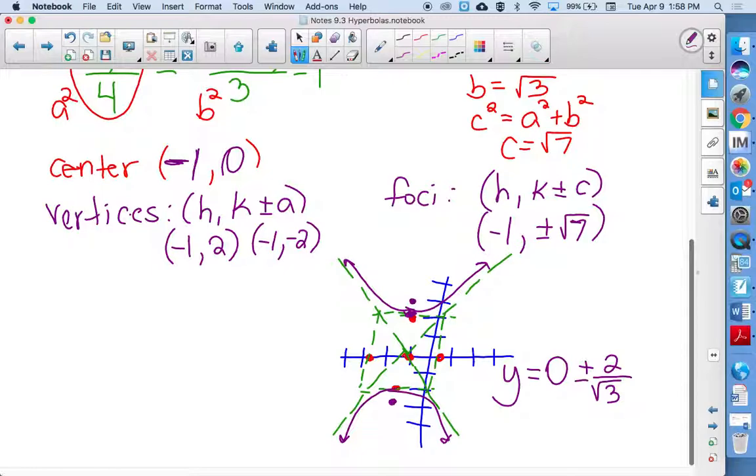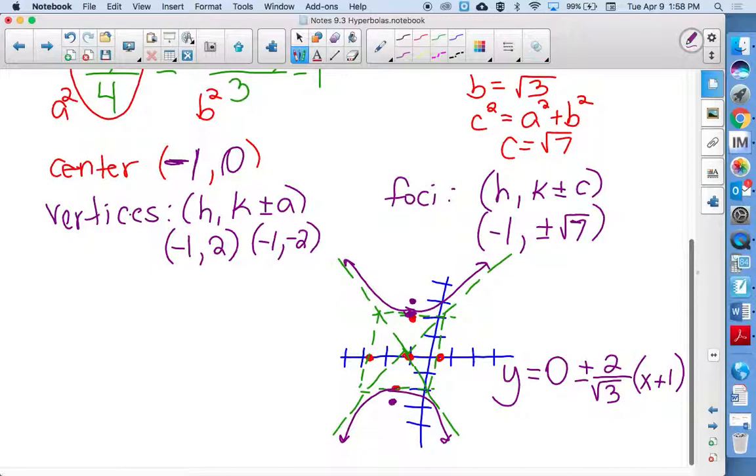It's probably the first time I said that all year. Don't rationalize. And then x is moving right, I'm sorry, left 1, so it's x plus 1. So instead of the origin, I'm using that center point in the equation. You don't need the 0 there, I just put it there and see that it usually has the same.